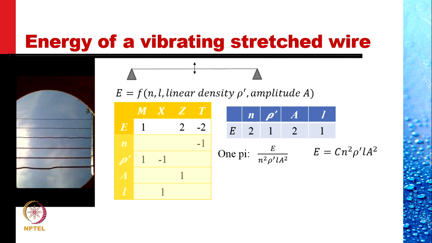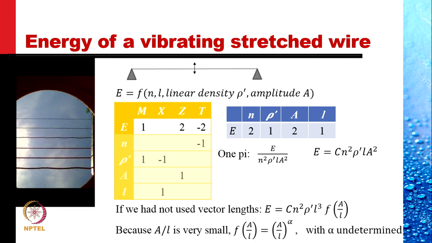Or we can write that the energy of the wire E is a constant times n square rho prime l a square. There is only one constant C that needs to be determined, and one single experiment could do that.